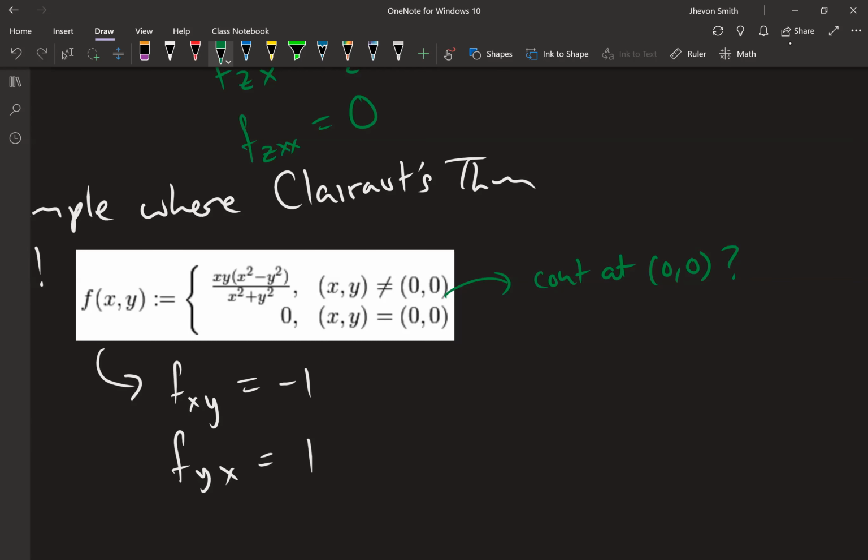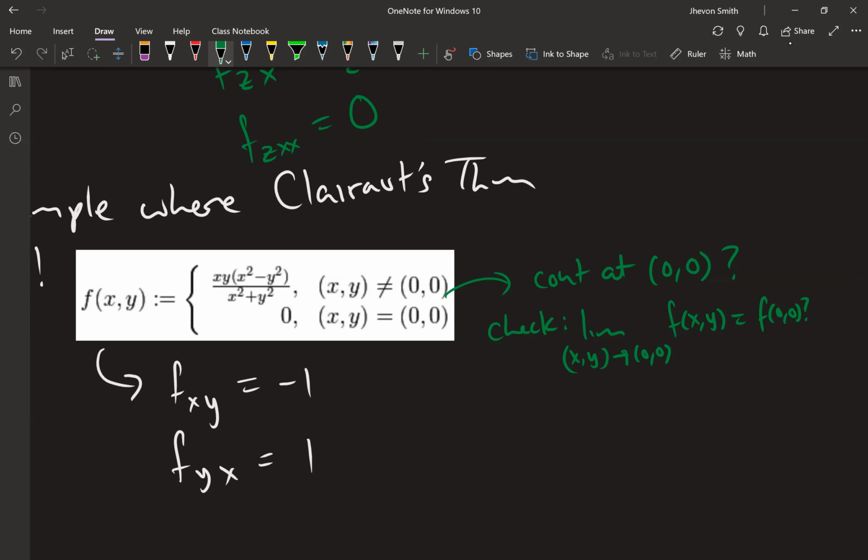Okay, so you have to check the limit. You need to check that the limit as (x, y) goes to (0, 0) of f(x, y) equals f(0, 0). One way to do this nicely in your head, for this particular problem, would be the polar coordinates strategy.